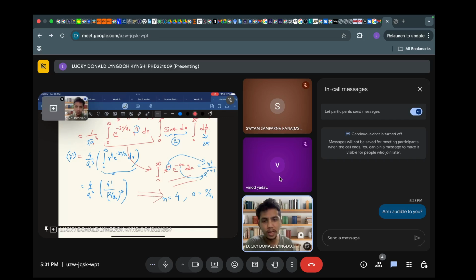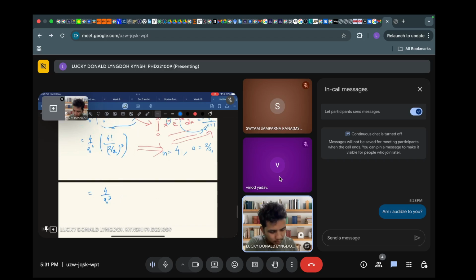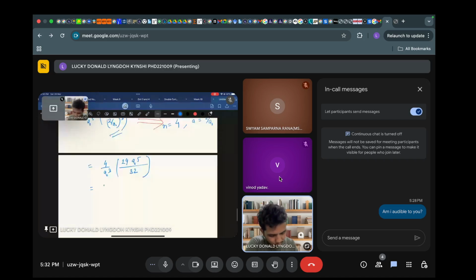N is equal to 4, a is equal to 2 by a naught, and you use n factorial divided by a to the power of n plus 1. Now this is very direct. Now you will have 4 divided by a naught cubed, and this integration will be simply 24 a naught to the power 5 divided by 32, and finally you have 3 a naught square.